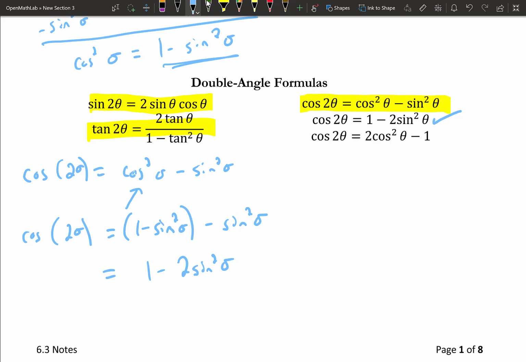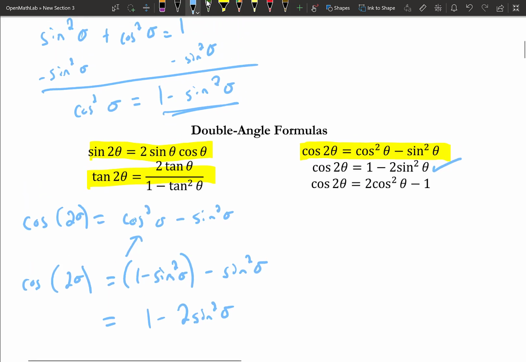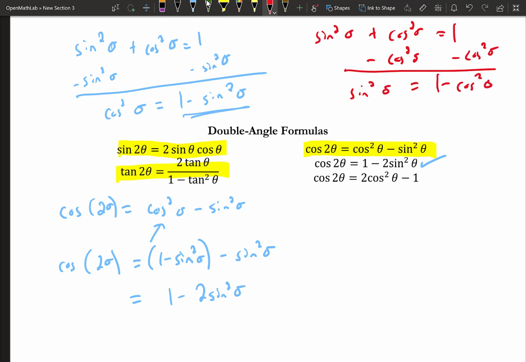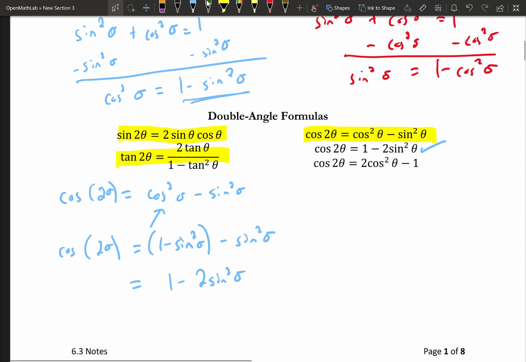The next version is very similar, except we want to solve the Pythagorean identity for sine squared. If I start with sine squared theta plus cosine squared theta equals 1, I can subtract cosine squared theta from both sides, and we're left with sine squared theta equals 1 minus cosine squared theta. Just like before, we start with cosine 2 theta equals cosine squared theta minus sine squared theta, and I plug this in.